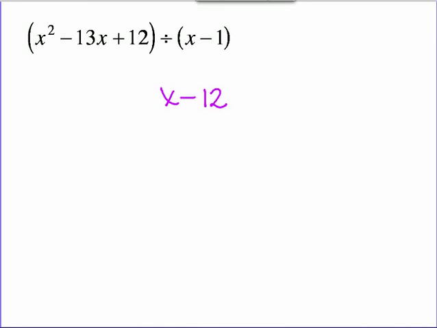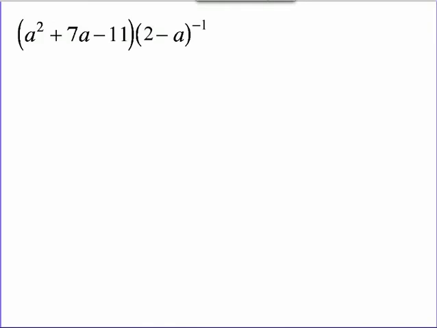Okay, so let's go and look at another one. This is our very last problem today. So now, this one's a little different. It's written kind of like that very third one we looked at.